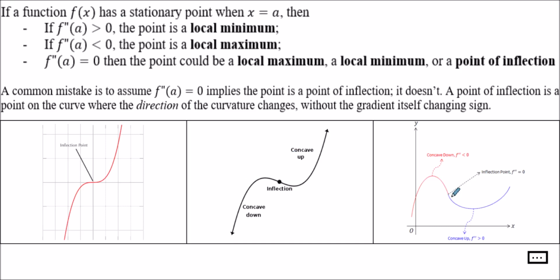And this one here, that would be a point of inflection. That's where it could be curving down there and curving up. So a point of inflection, hopefully you can see here, doesn't necessarily mean that it's got a gradient of 0 either.